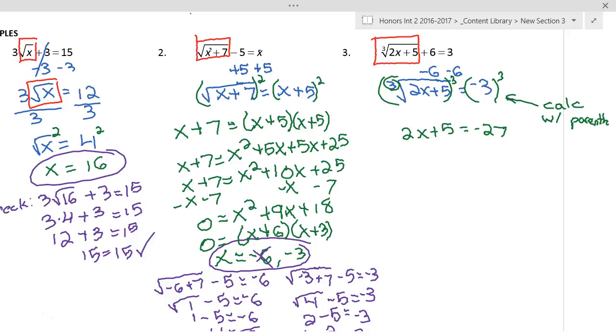Now I'm just solving for x. I'm going to subtract 5 from both sides. 2x equals negative 27 minus 5, which is negative 32. Then divide both sides by 2. Negative 32 divided by 2 is negative 16.